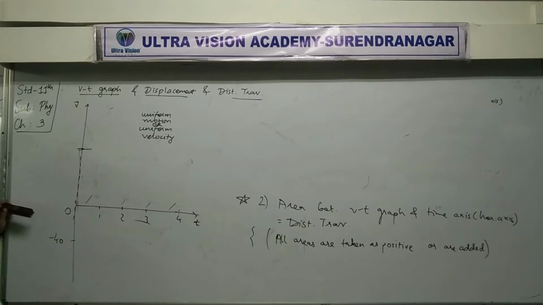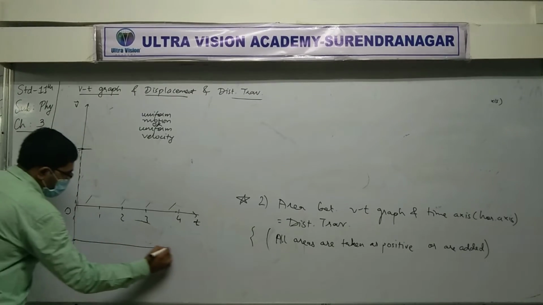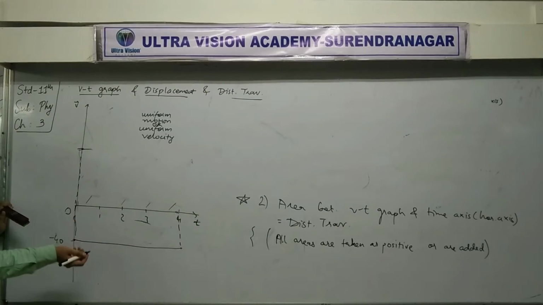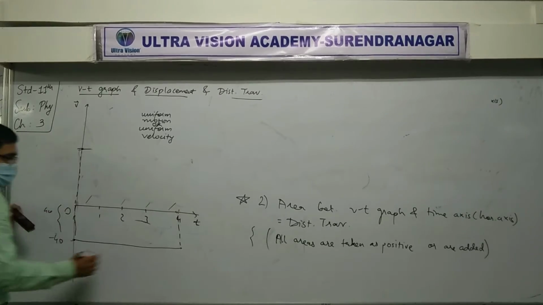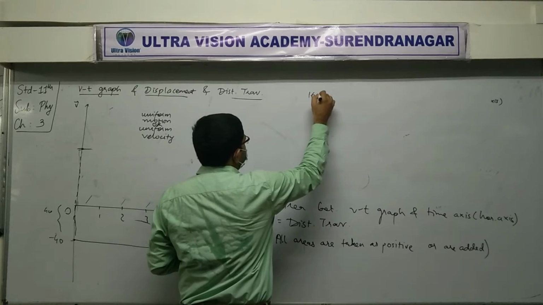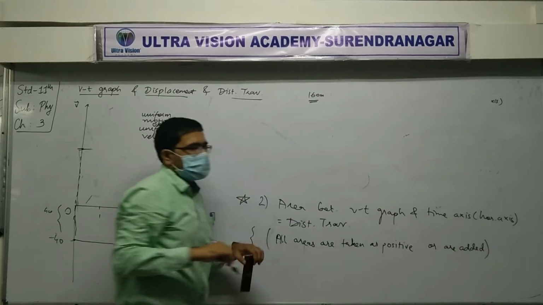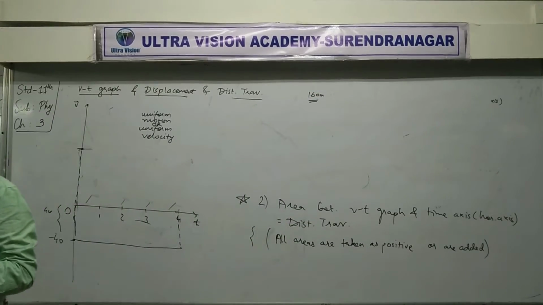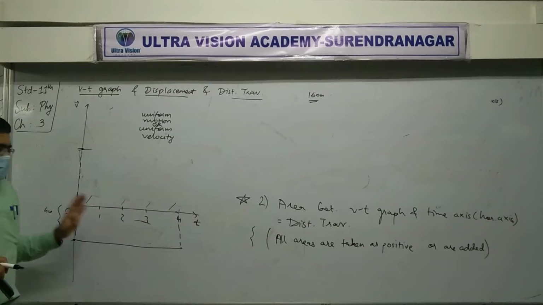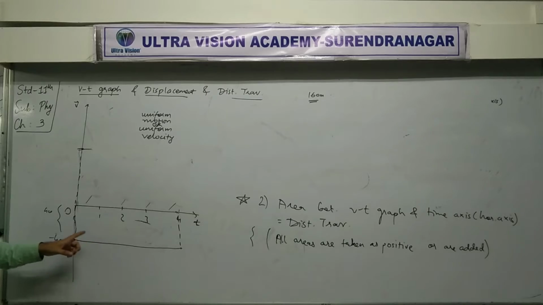So velocity is negative, and in 4 seconds the graph would reach till here. So now this is a rectangle again, yes or no? Yes. So this is 40 and this is 4. So the area of the rectangle would be 160. Is that clear or not clear?